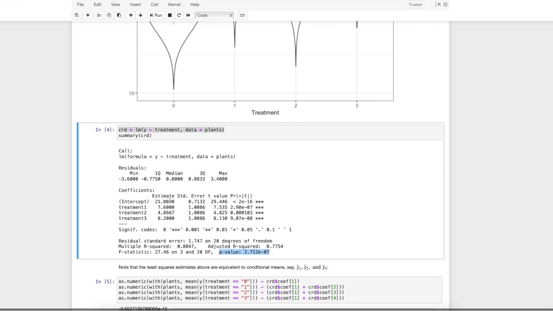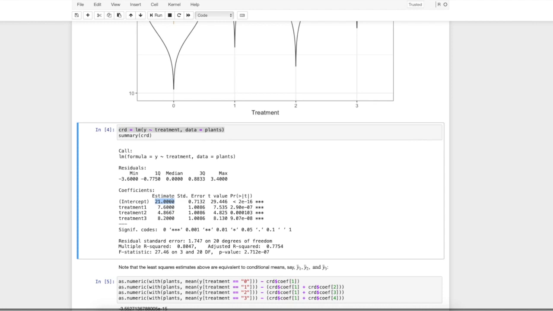So you should be able to tell me how to interpret each one of these estimates. And for example, if you wanted the mean value of the response in the first level of the treatment, so not 0 but 1, you would add 21 and 7.6 to get that mean. So 7.6 is the difference between the baseline control, the 0, and the first level.